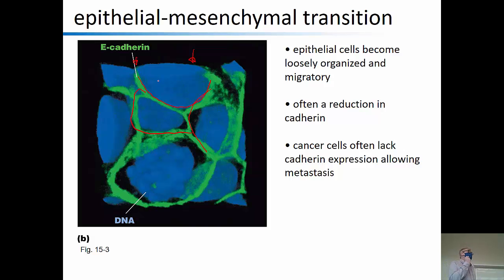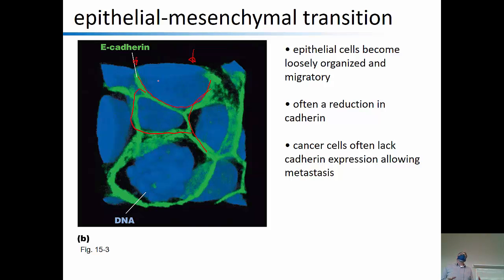One of the things that happens in cancer to epithelial cells, if that's where the cancer is, is they can undergo an epithelial to mesenchymal transition. And you'll sometimes see this EMT described when you're hearing about cancers. What happens is that the cadherins break down, and we go from this organized tissue to a loosely associated set of cells.